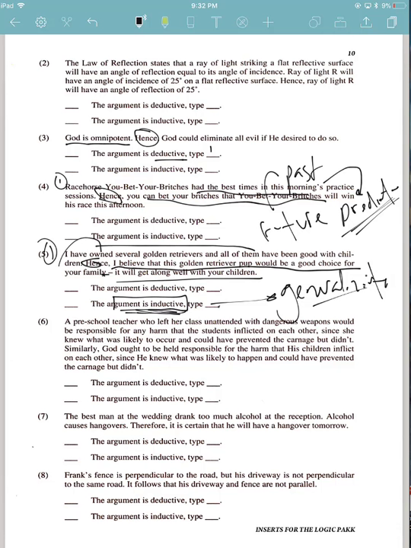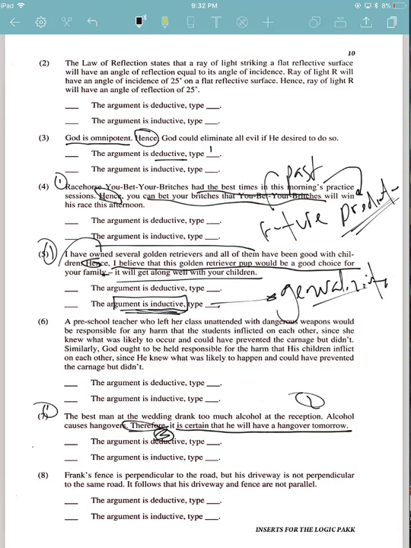Like here, let's just jump to number 7. Number 1, 2, and then we have, of course, therefore 3. What we have here is it is certain that he will have a hangover tomorrow. Why do we know he has a hangover? Well, we know alcohol causes hangover, and we know the best man at the wedding drank too much alcohol at the reception.